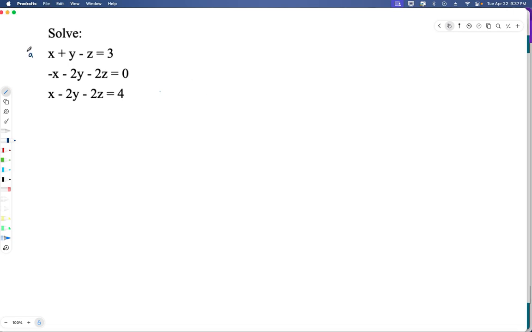All right, here's the next one. Again, this is going to be A, B, and C, so it's easier to identify which equation I am talking about. I'm going to take B and multiply B by negative 1. So that's going to give me a positive x, a positive 2y, a positive 2z, and 0 stays 0.